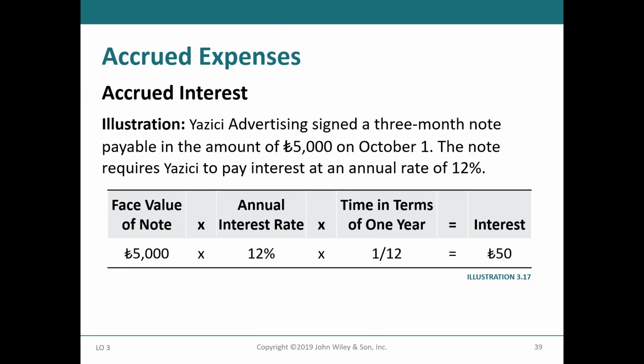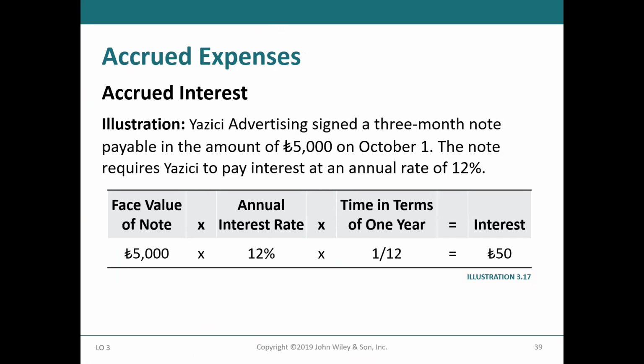So Yazigi's interest expense has already been incurred. Because you already borrowed money, there will be an interest expense, and Yazigi has not paid the interest yet. So at the end of October 31, you need to record the interest expense that was already incurred but not paid yet.